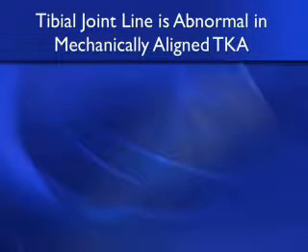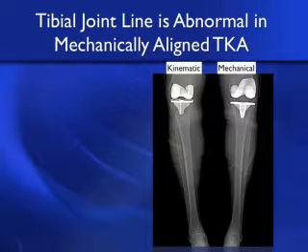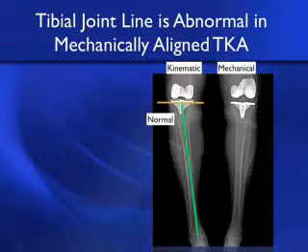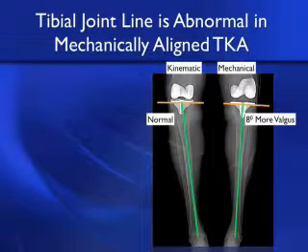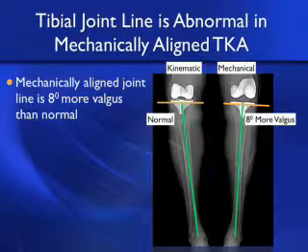Now, if we look at the tibial joint line, it too is abnormal compared to the normal joint line in the kinematically aligned knee. And here, some people might think that this cut looks too varus, but this was the normal joint line, as evidenced by the amount of bone that was removed from the proximal tibia being equal after you factor in the wear. And if we look at the cut on the mechanically aligned knee, it's actually 8 degrees more valgus. So the tibial joint line is now abnormal.